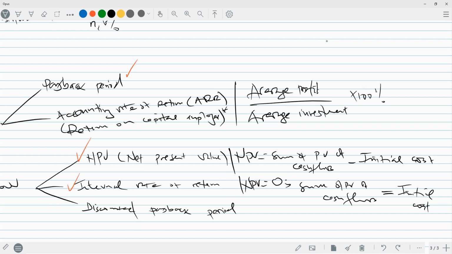However, the financing cost might be different. If you're getting money from the bank, for example, they may be charging an interest rate of, let's say, 8%. However, what is the return that the investor requires? In this case, the shareholder's required return might be different from the financing cost.